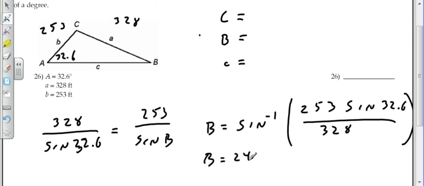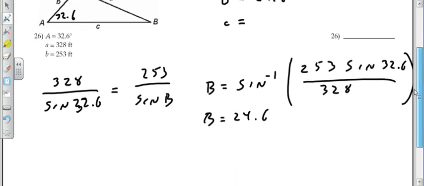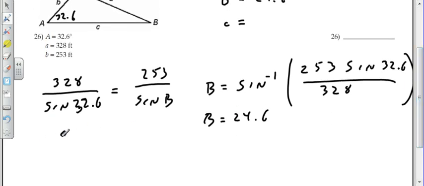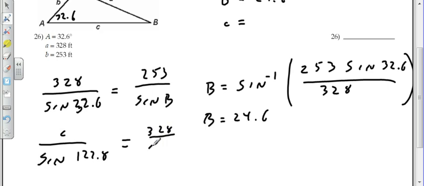B is 24.6. Okay, so if B is 24.6, then C is going to be 180 minus that answer minus the A guy, 32.6. And I'm going to have 122.8. And then I'm going to calculate little c. So little c divided by the sine of 122.8 is equal to 328 divided by the sine of 32.6.